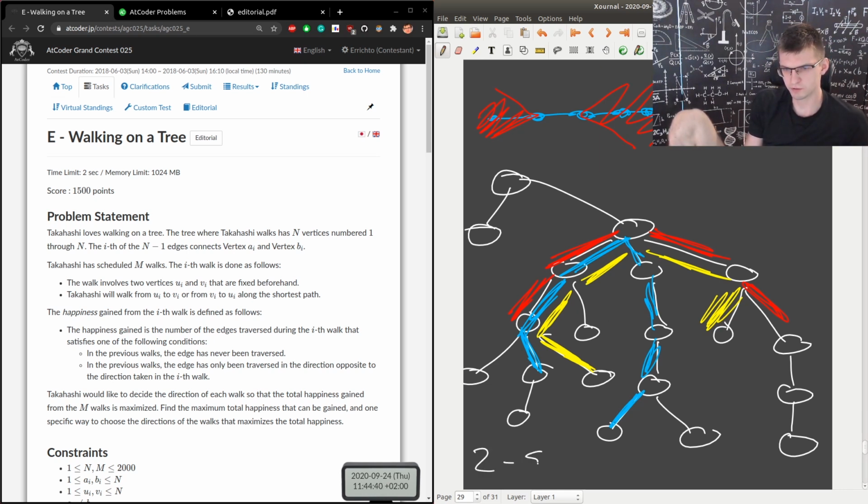So either flow or two-sat. When we look at this, we basically get a point if it isn't true that red, blue and yellow are the same color. So if I here write down red, blue and yellow, then I lose a point if all of them are in the same group. What do I do with this?